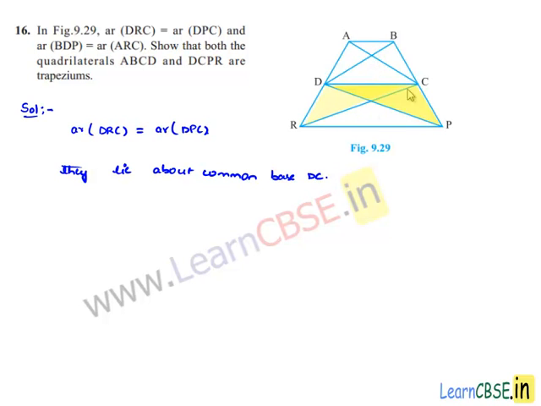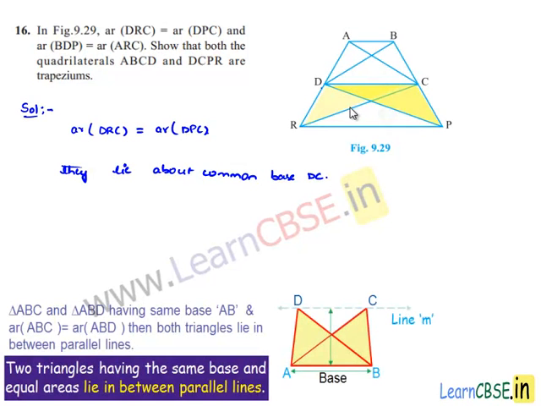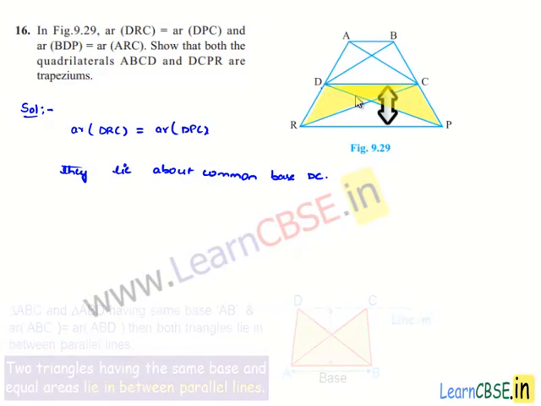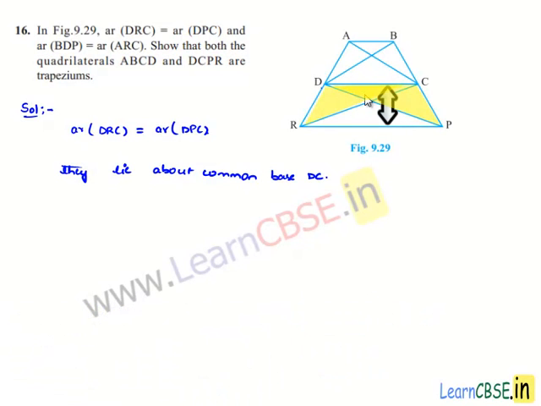Here, the areas of triangles lying between the lines CD and PR are equal and they lie on the common base CD, and this is possible for the triangles only if they lie on the common base and between the two common parallels. Therefore, from that statement we can say that DC is parallel to RP here.